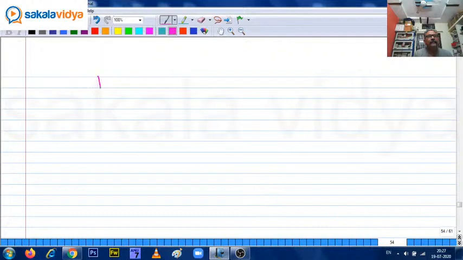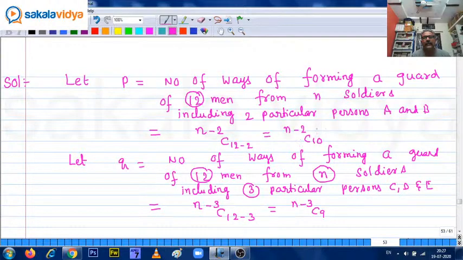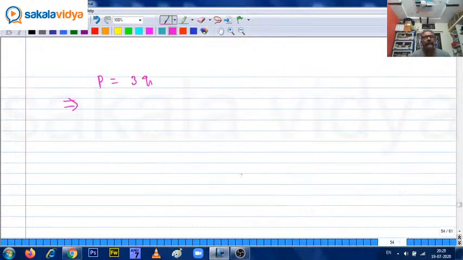It is given that P is equal to 3 times Q. So n minus 2 C 10 equals 3 times n minus 3 C 9.